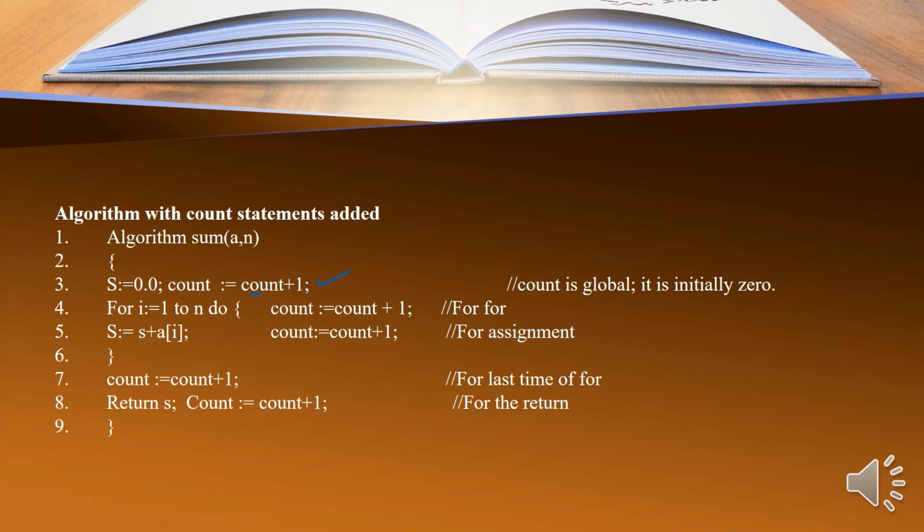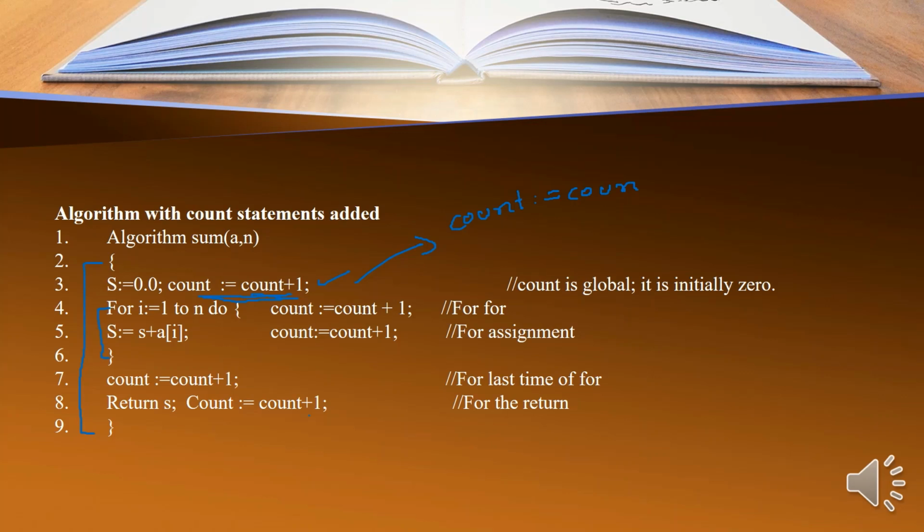In the outside block, count gets incremented once, and I'm looking only at the outside block, not the inside block. This is the inside block. So count equal to count plus 1, count equal to count plus 1, count equal to count plus 1.